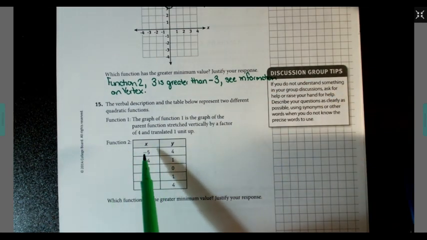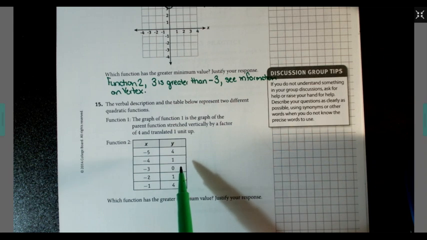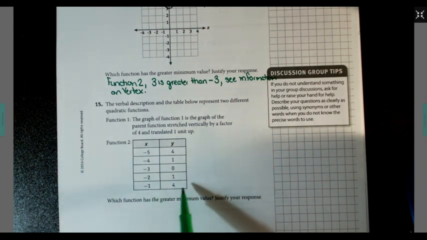Function 2. We have the table. Negative 5, 4, negative 4, 1, negative 3, 0, negative 2, 1, negative 1, 4. Which function has the greater minimum value, and justify your response?